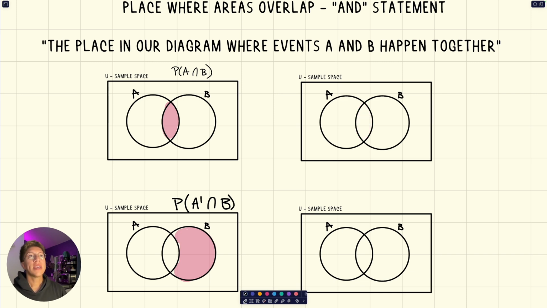So, as you might guess, our next two cases are the probability of A not intersection B not, and the probability of A intersection B not. Take a second, fill these in, and if you haven't already, what we can say is that for A intersection B not, it's going to be this part of the A circle.